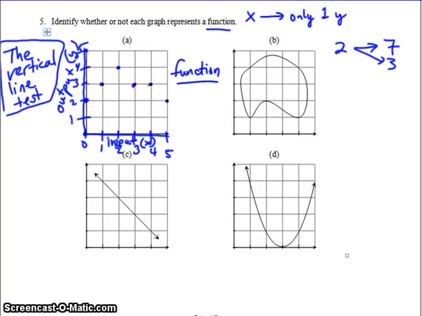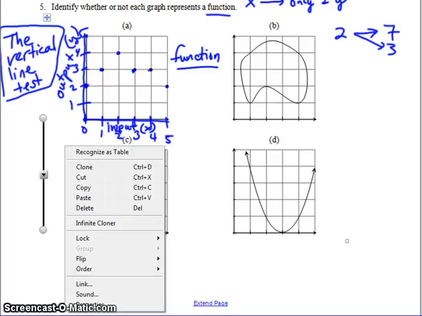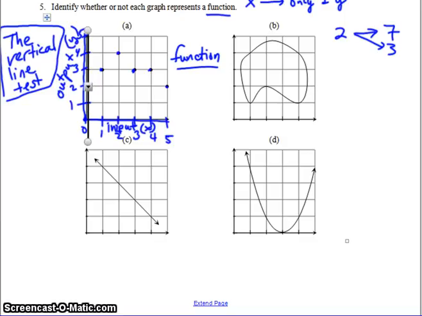If you want to know whether or not a graph is a function, I would get a vertical line. You could use your pencil as a vertical line. Here's my vertical line. It goes up and down. We're going to take that vertical line and drag it along our graph.